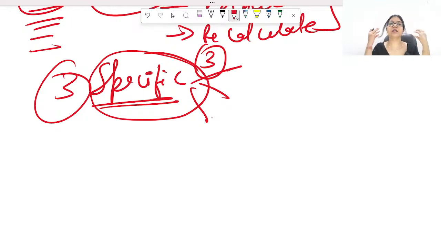Consider a small example. This can be a little funny also, but you have to understand the reason behind it so that you write your answers specific to the case. If you ask me a doubt which is very specific to you, for example, you come to me and say, ma'am, I am not able to understand valuation assertion.